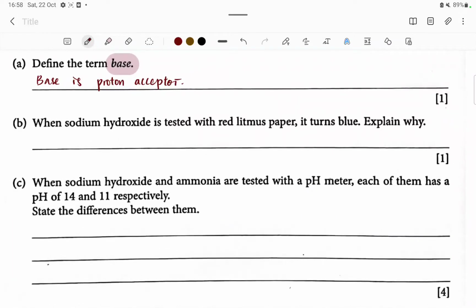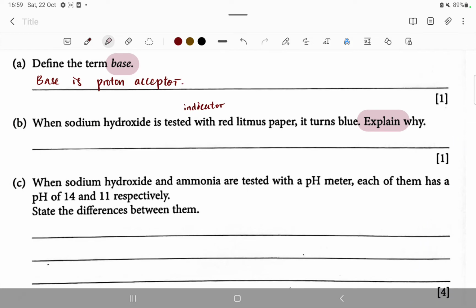B. When sodium hydroxide is tested with red litmus paper, it turns blue. So this one is in the indicator part already. And then they ask you to explain why. For litmus paper to turn blue, the indicators have to detect, to react and then give the observation.